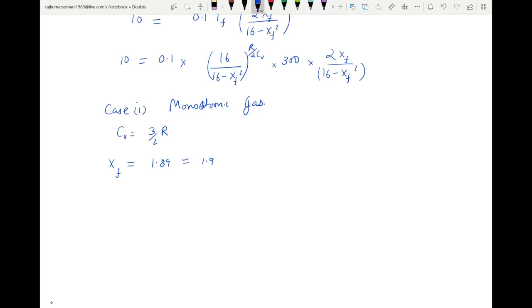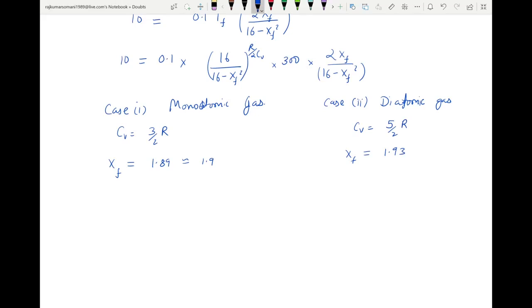And if I consider case 2 of a diatomic gas, then CV is going to be 5 by 2 R, and for this case the result is approximately 1.93. So you see, the answer is not varying much, as the question is of the integer type.